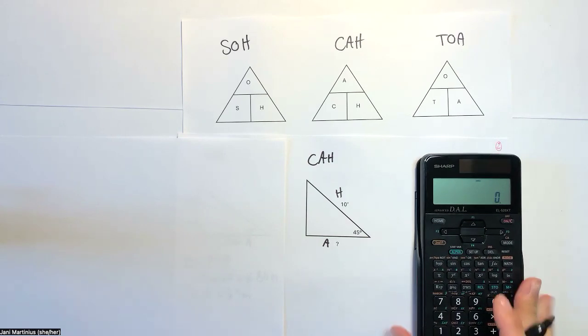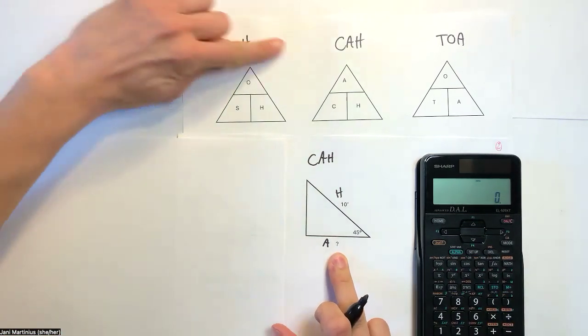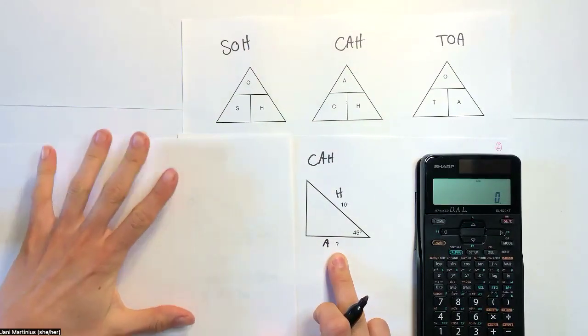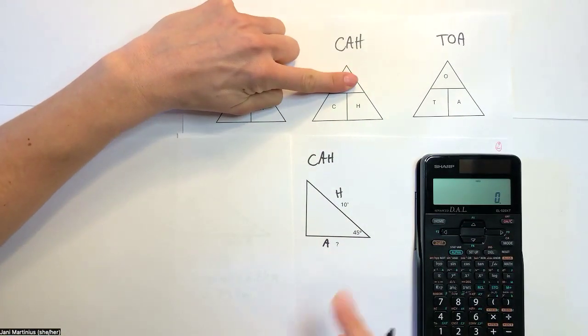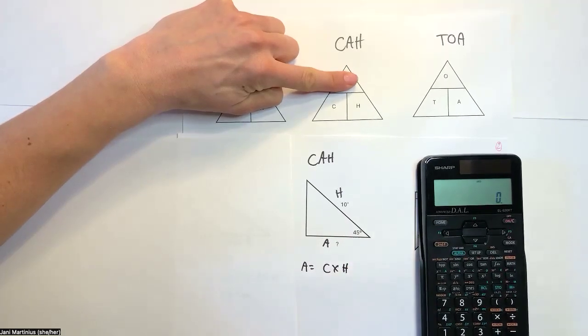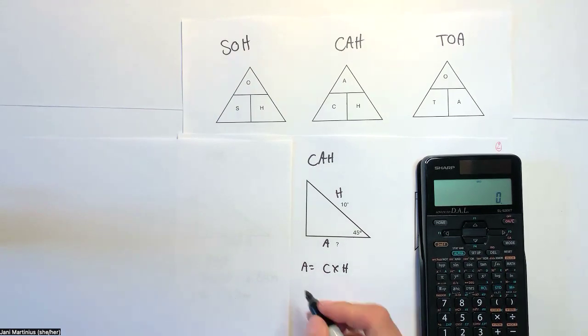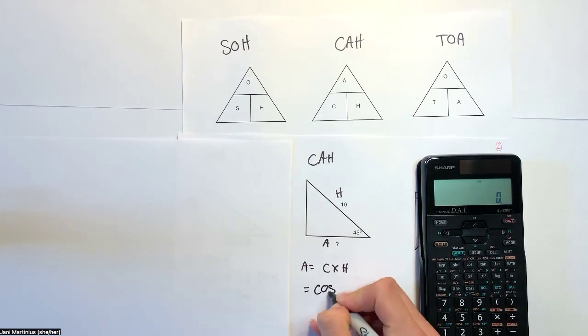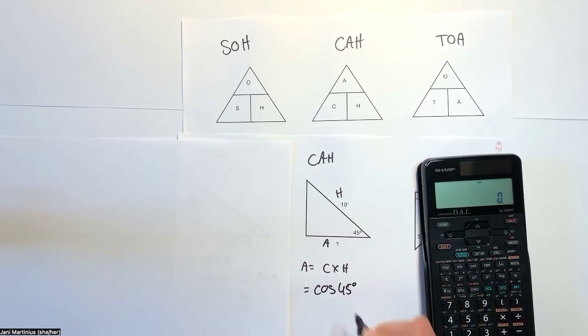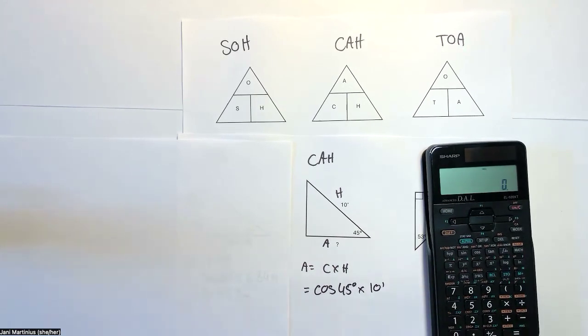We are looking for the adjacent, so if I blot out the A, that leaves us with C times H. Okay, let's pop in the numbers. We have cos of 45 degrees times our hypotenuse, and here we have 10 feet.